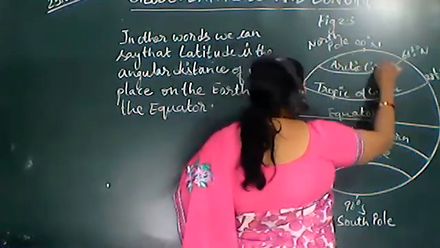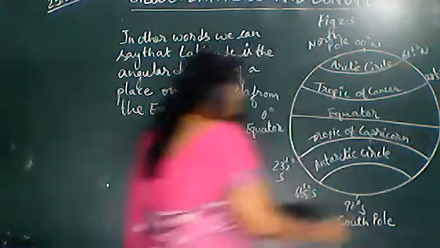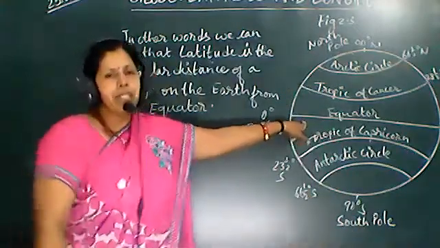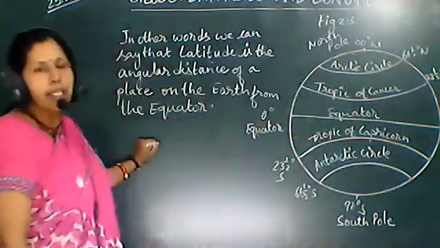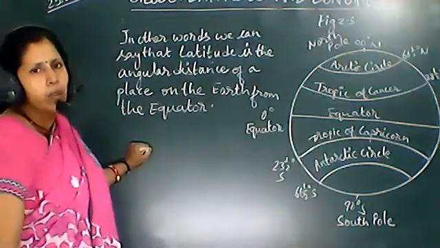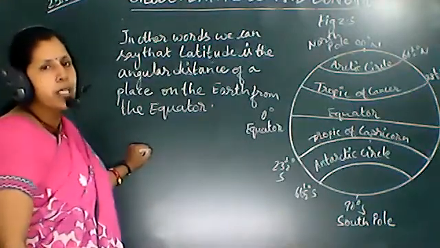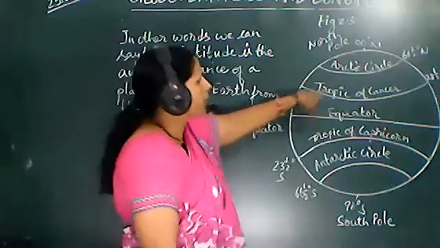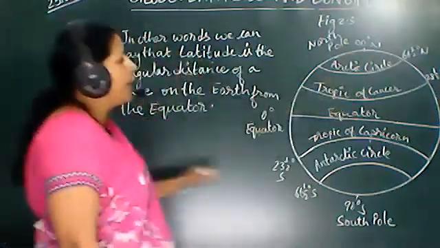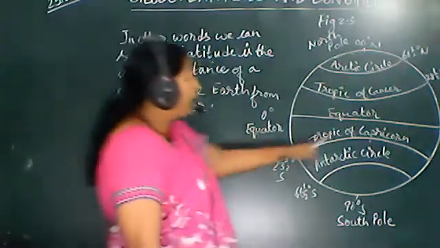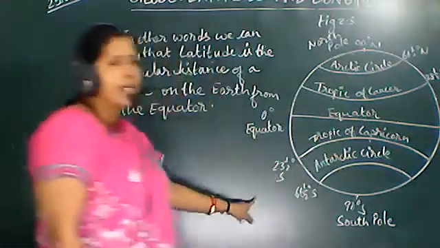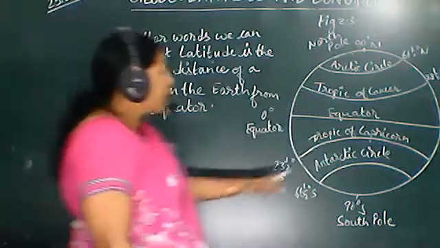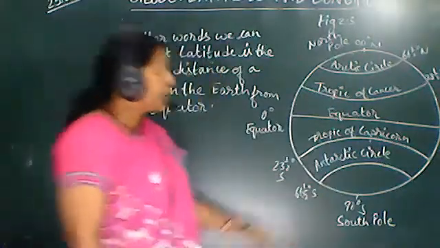So apart from the equator, which is the imaginary line dividing the Earth into two equal halves, you have other important latitudes also. These are the Tropic of Cancer, 23.5 degree north, the Tropic of Capricorn, 23.5 degree south, and the Antarctic Circle, 66.5 degree south.